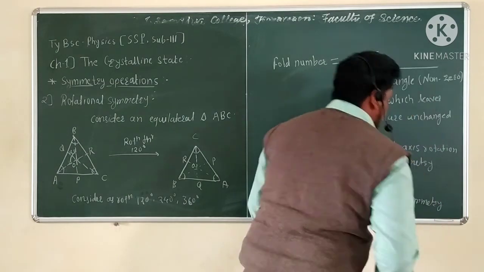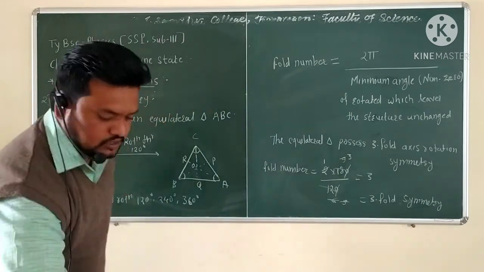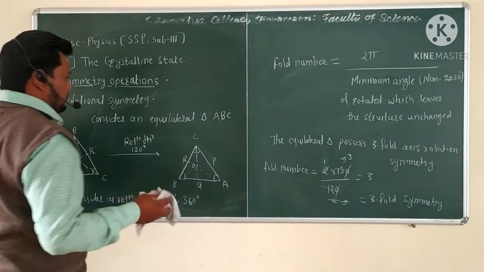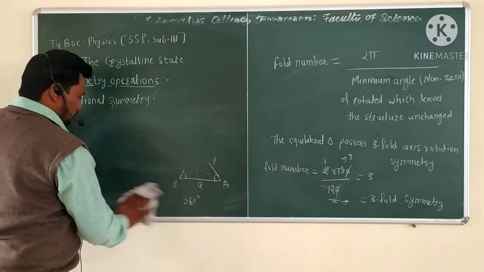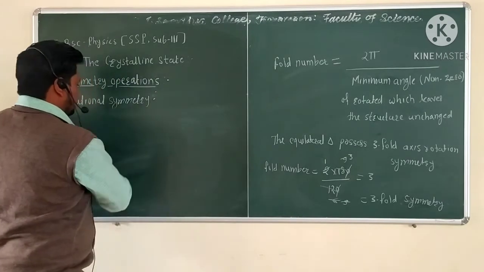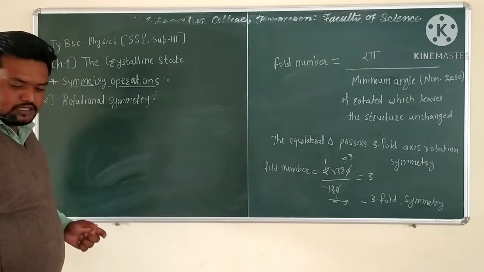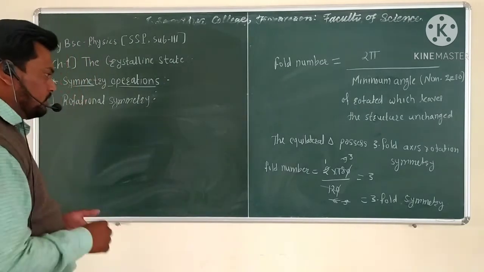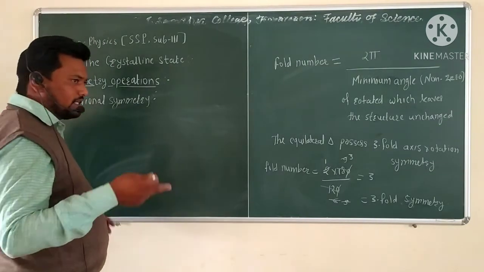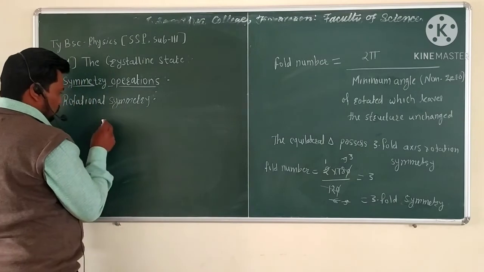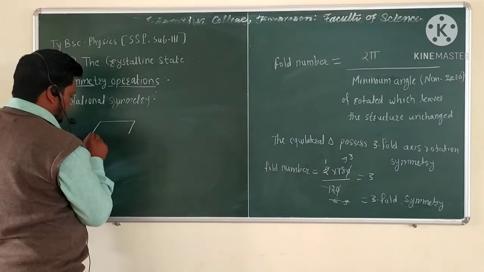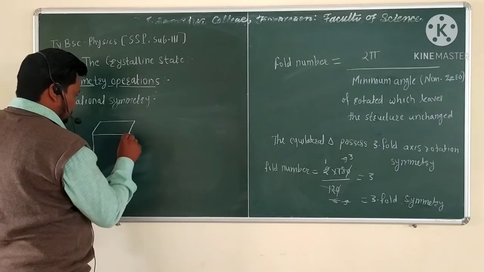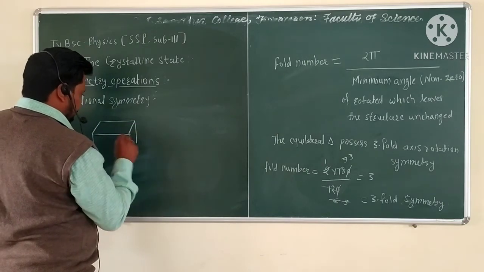Okay, so for example, consider a structure such as a cube or square, rotating by 90 degrees, 120 degrees, or 240 degrees. For example, consider this cube structure.